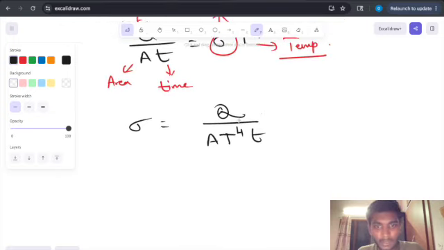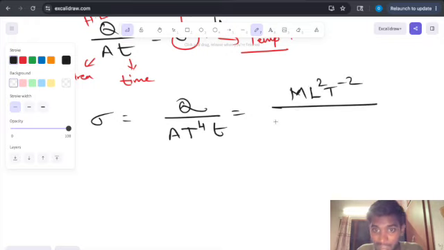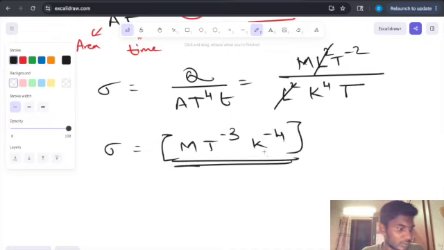I'm just rearranging the formula, and now I can substitute the dimensions. So Q is heat energy, therefore I will substitute the dimension of energy, ML²T⁻² by A is area, L². T⁴ is temperature power 4, so Kelvin power 4. Again, small t is time. So this is T. L² cancel. Now you get the dimension for sigma as MT⁻³K⁻⁴. So this is the dimension of Stefan's constant.